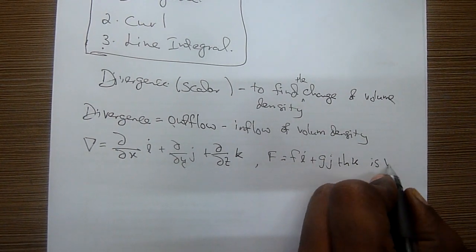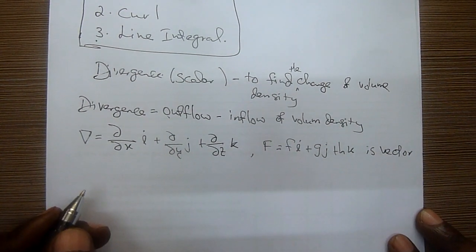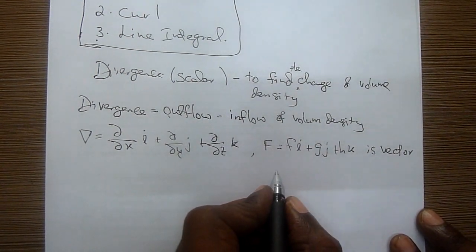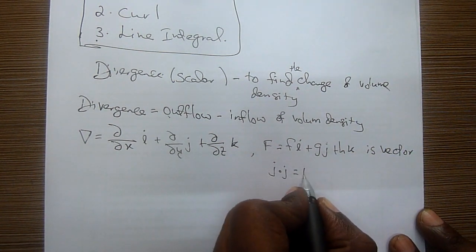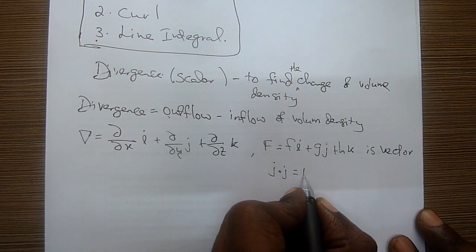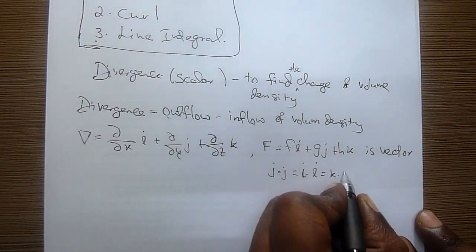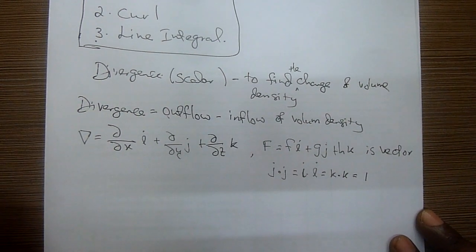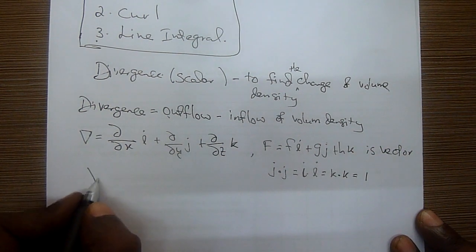It's a vector. Previously I've given you that the dot product always will produce 1; i·i, j·j and k·k will give you 1 as a solution. Therefore, the definition of the divergence can be explained as this.